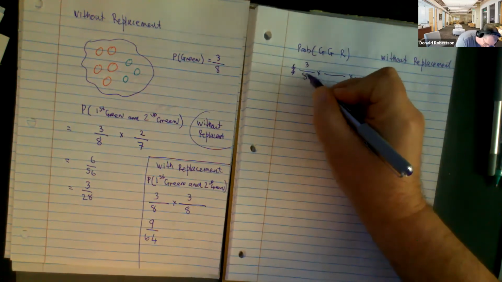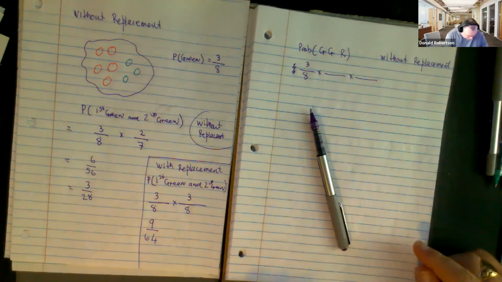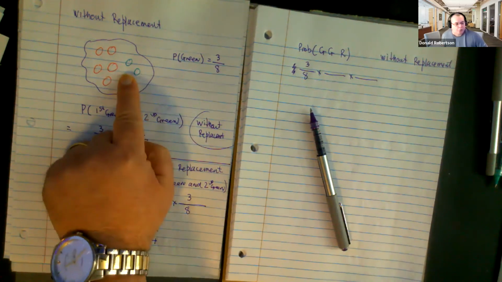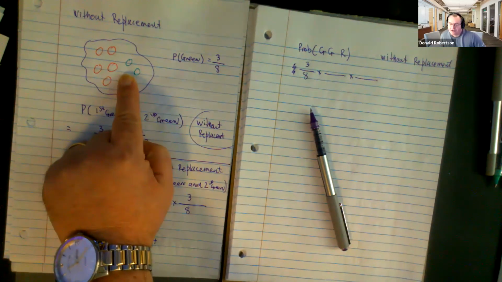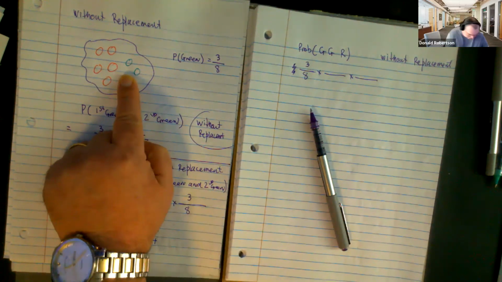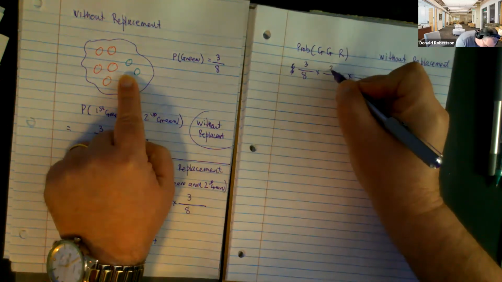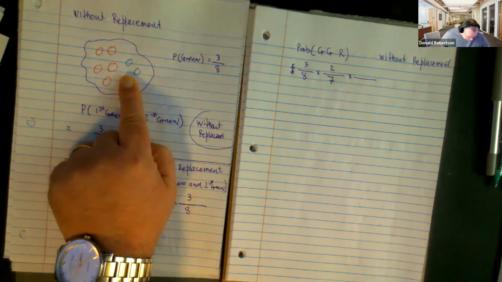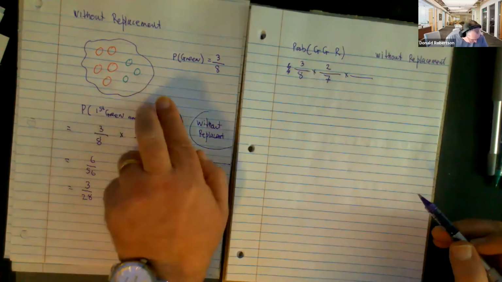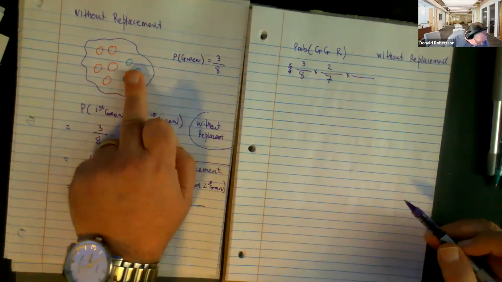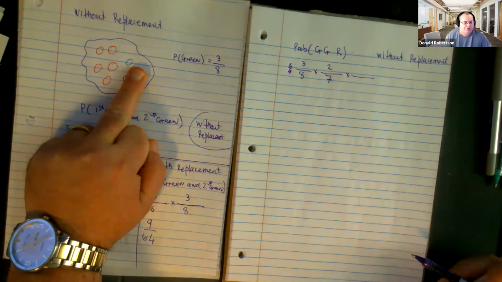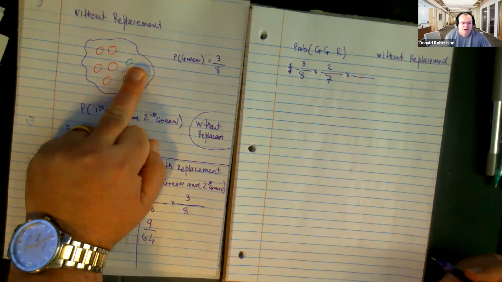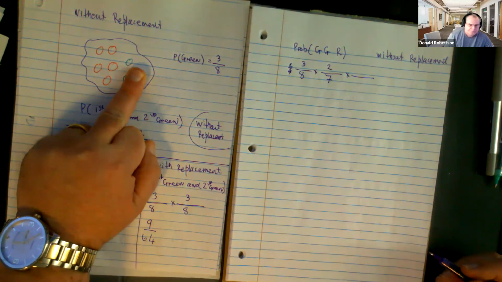It's 3/8. Now, since it's without replacement, don't we now have a bag with only 7 beads in it? And there's 2 of them green. So the chances that the second one is a green is that. Now, when you come to the third one, haven't you already used up 2 greens? Do you see the bag is now only got 6 beads in it?